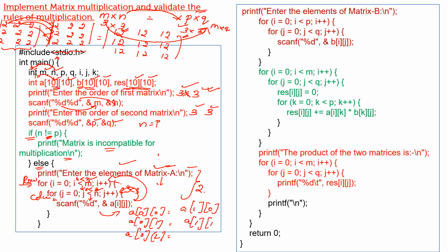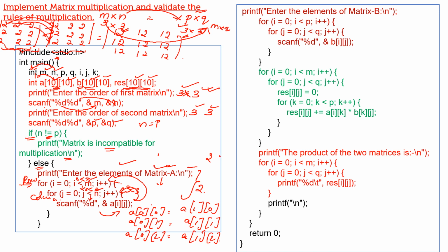So a of 1, 1 and a of 1, 2. Okay. Similarly, i will be again incremented. So you know this procedure, right? Ultimately all the values will be entered and stored in the array one by one. Okay, all the first matrix values will be stored.